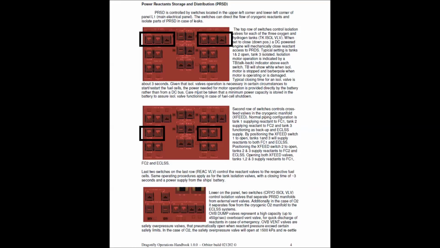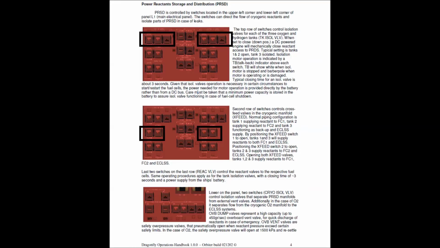The second row of switches controls crossfeed valves to the cryogenic manifold, or X-feed. Normal piping configuration is tank 1 supplying reactants to FC1, tank 2 supplying reactants to FC2, and tank 3 functioning as backup and ECLSS supply. By positioning crossfeed switch 1 to open, tanks 1 and 3 will supply reactants to both FC1 and ECLSS.